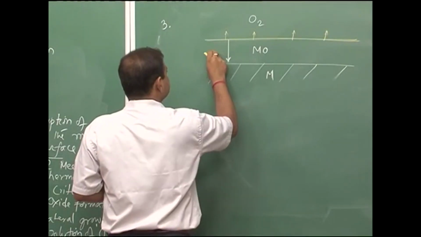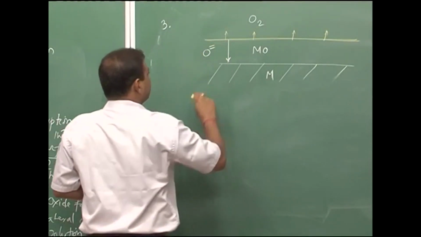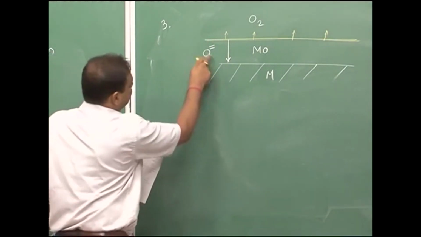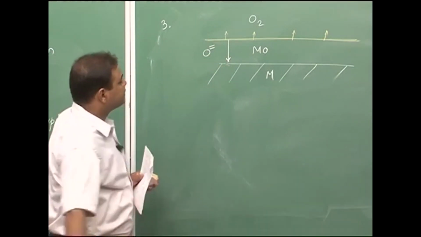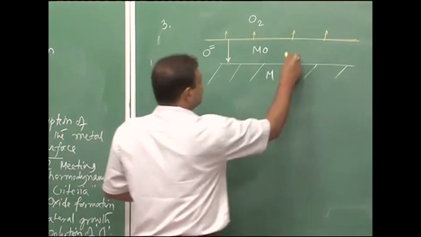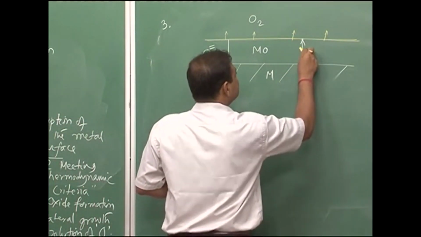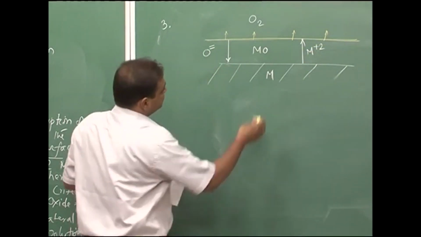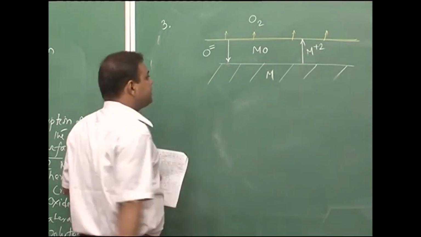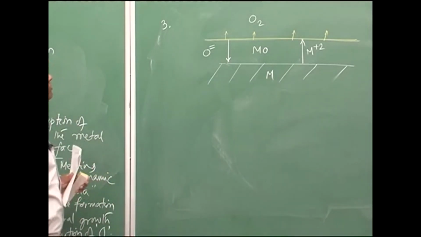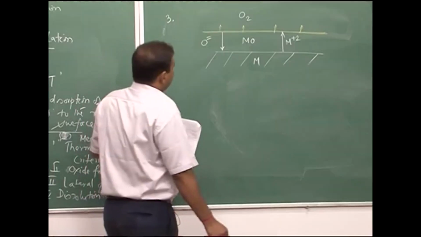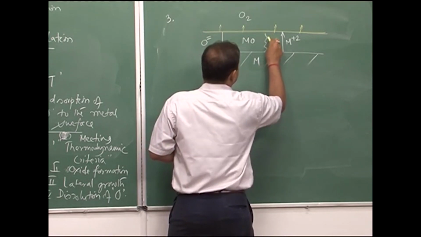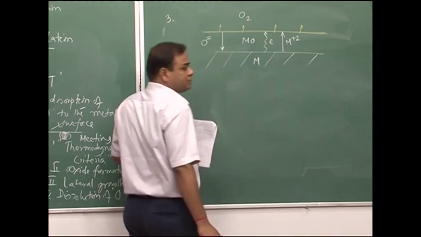Oxygen can come in the form of oxygen ion, and it can come to this surface and react with the metal ion, or the metal ion can also diffuse out and then come to this surface and again react with oxygen ion to form metal oxide. And if this event is happening, at that time electrons can go there.